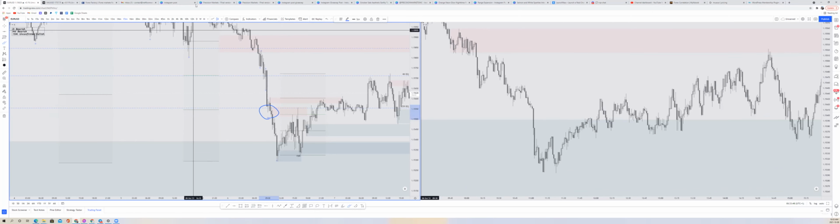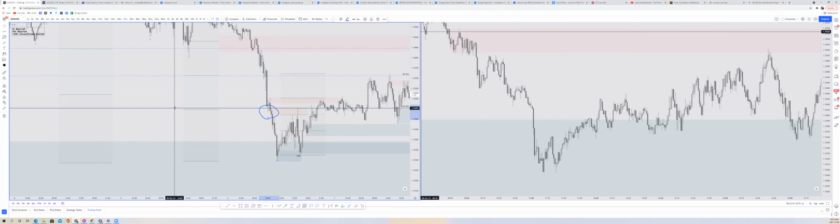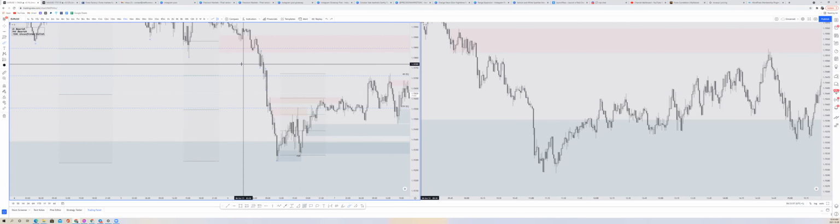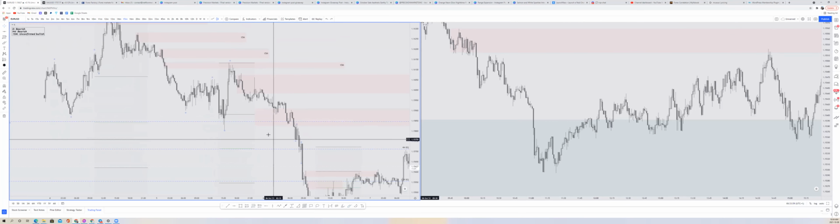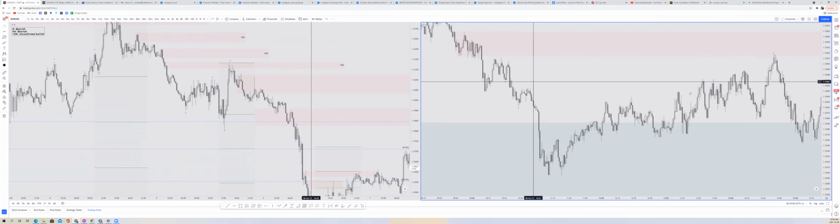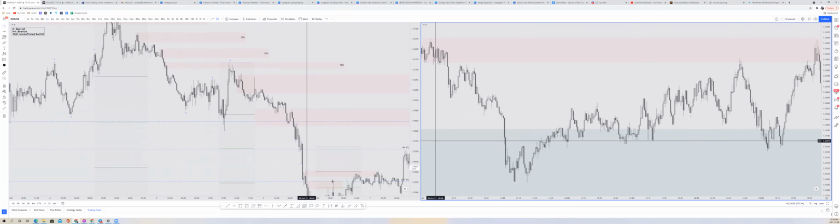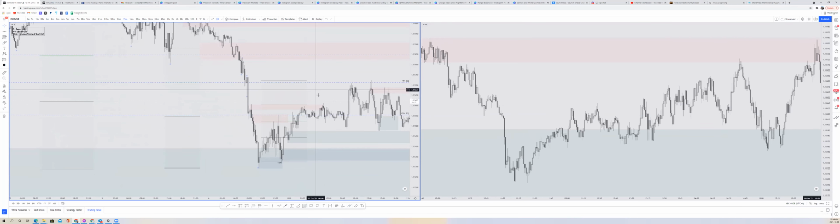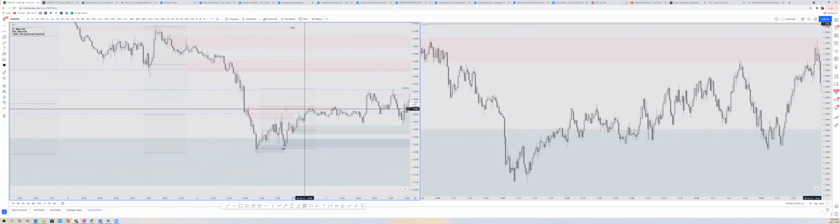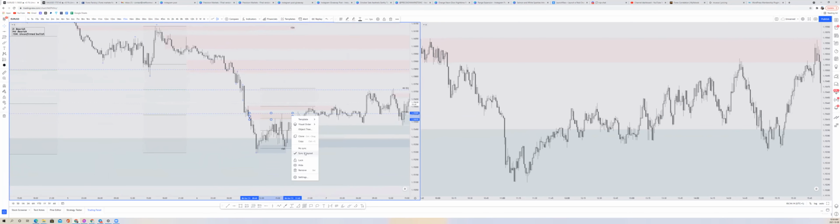So if I cycle through the 10, 15, 20, and 30, and I find a cleaner POI, I will pull it off whatever time frame. To me, it makes no difference. Let's go through this one first, and then I'll show you another one I took after, which I think was off a 30-minute POI.